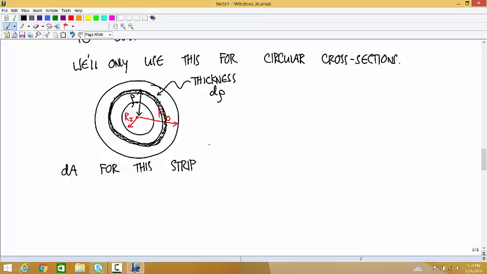Then the area is just the thickness times the circumference. So dA is equal to 2 pi rho d rho.